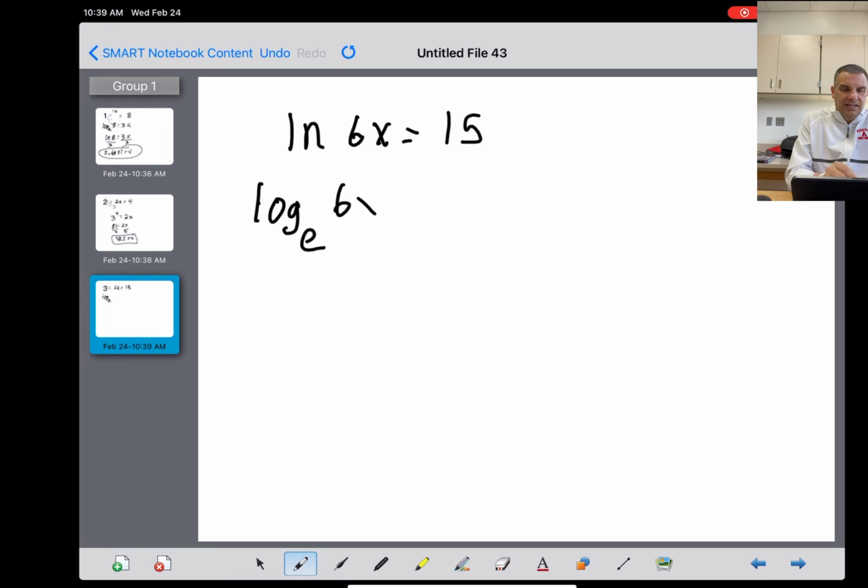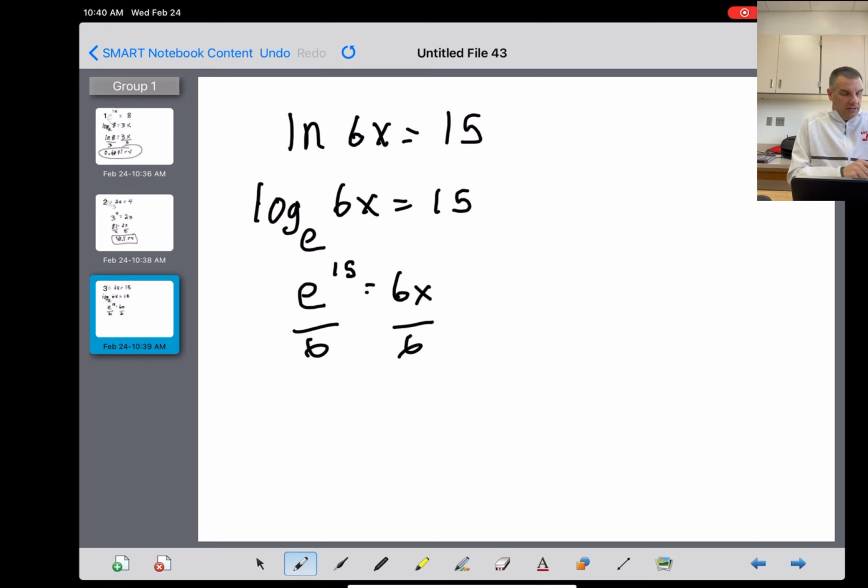So log base e of 6x equals 15. So now I can write it as an exponent pretty easily. I see that it's e to the 15th is equal to 6x. So divide by 6, and we're going to get our x value. So e, second ln, take that to the 15th. Divide by 6. You get a huge number, but that's okay.